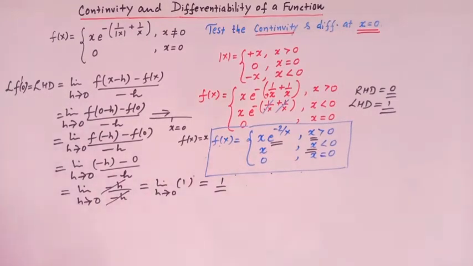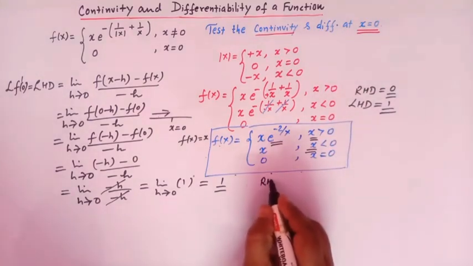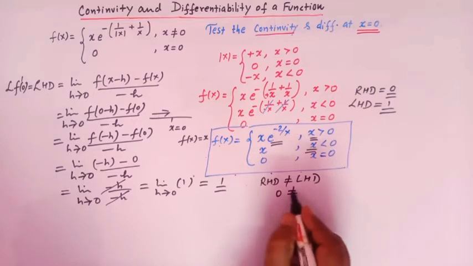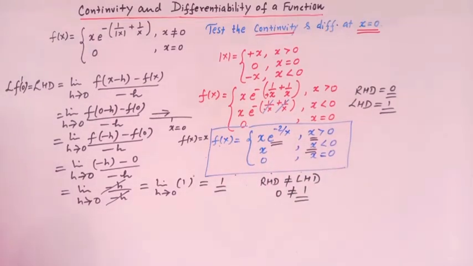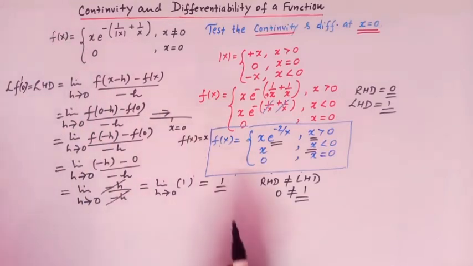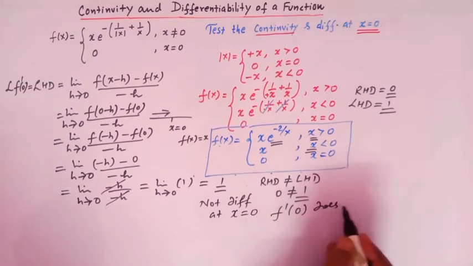And this is quite evident that the right hand derivative is not equal to the left hand derivative, that is 0 is not equal to 1. Hence we conclude that the given function is not differentiable at x equal to 0, or in other words f prime of 0 does not exist.